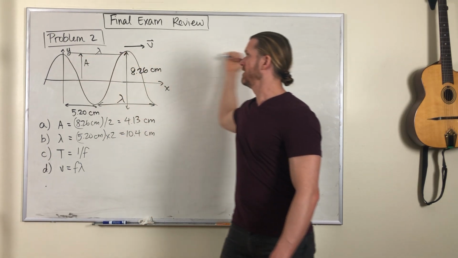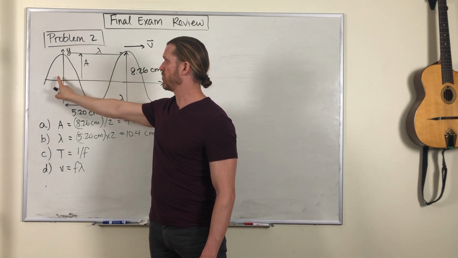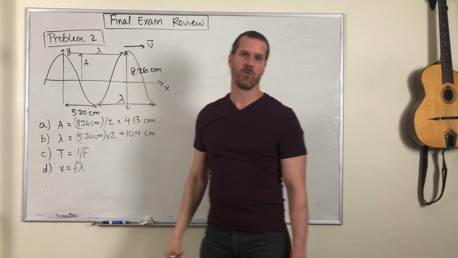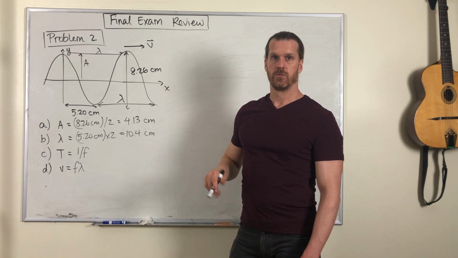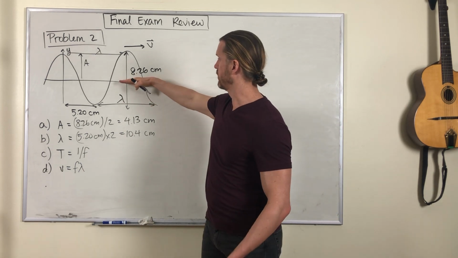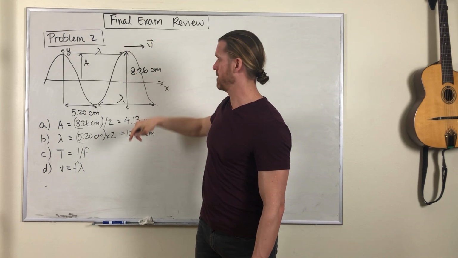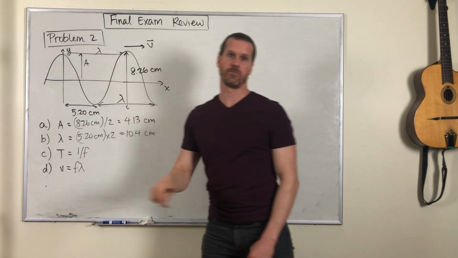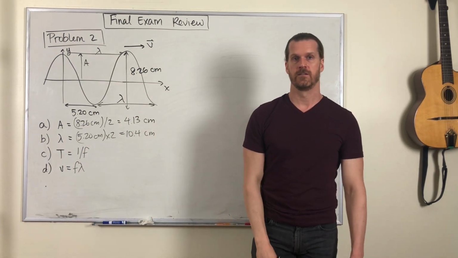The wave is really traveling this way, and if you look at just one point on the x-axis, the wave is oscillating up and down in simple harmonic motion. But from the snapshot, we can figure out the amplitude. That's from the equilibrium position to the maximum height. We can figure out the wavelength. That's between 2 successive points on the wave. And we can calculate period and wave speed.